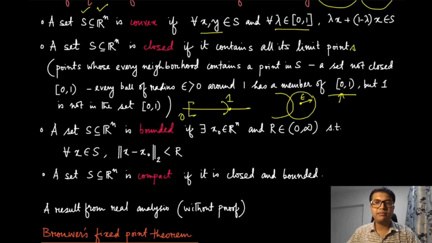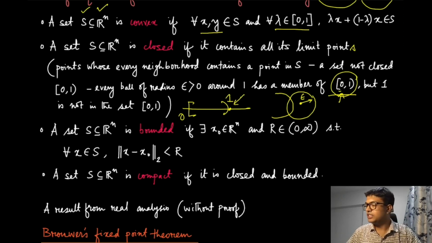This will take some time to sink in, but the point that I'm trying to make about these limit points is quite easy to follow. So once we have such limit points, we will not call this kind of a set, 0, 1 open, a closed set, because there exists some limit point. So here the limit point is 1 of this set, which is not contained within that set.